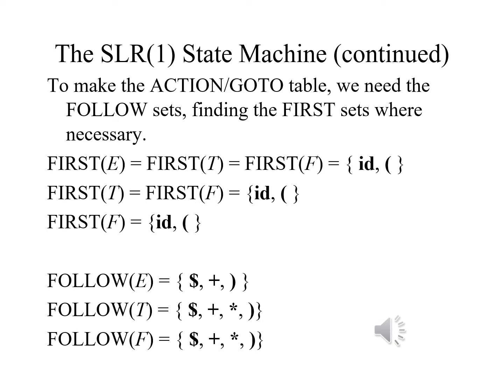Term appears on the right-hand side of the productions E derives E plus T, E derives T, and T derives T times F. Being at the end of the production, it will include the follow of E as well as the asterisk. This is also the case for factor.